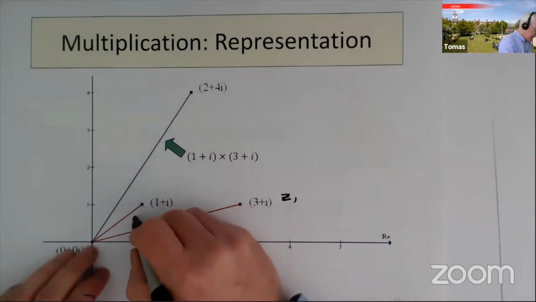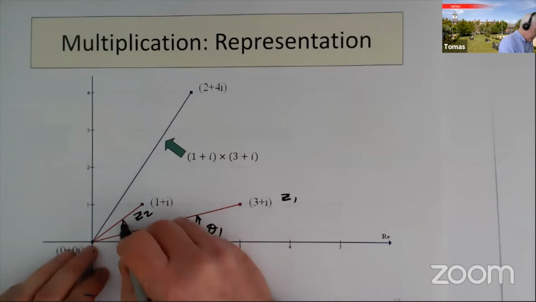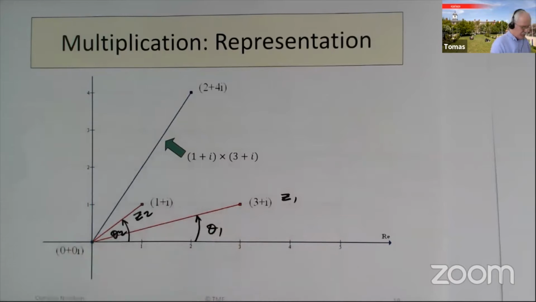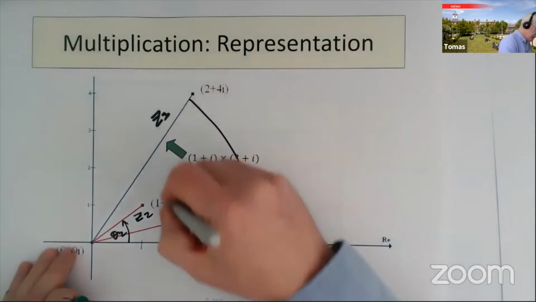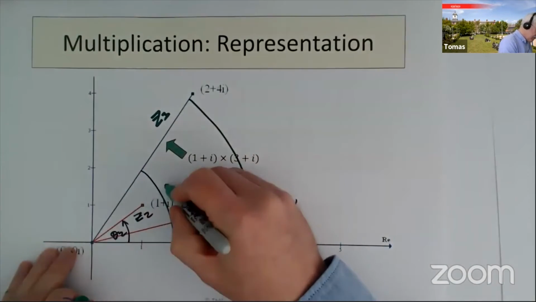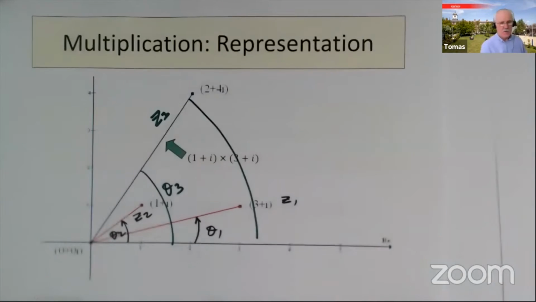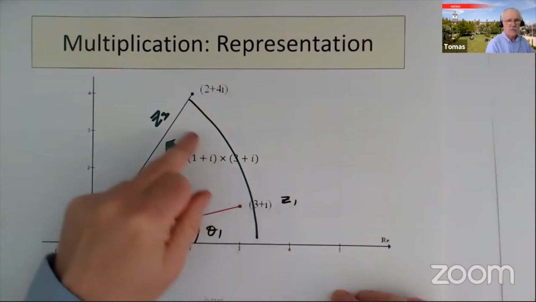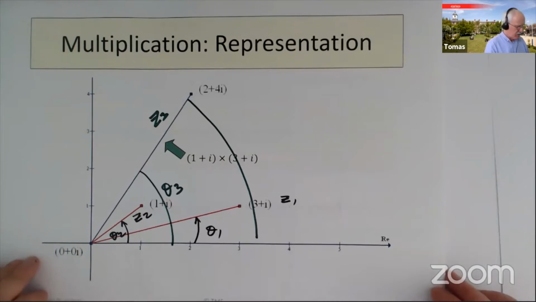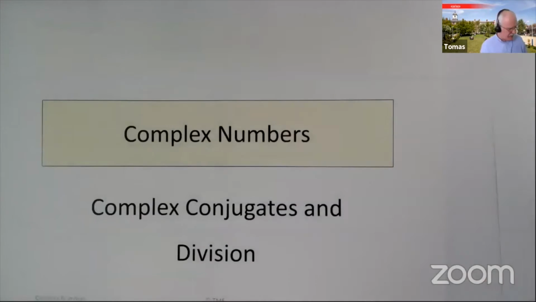And let's call this Z2, and let's call that theta 2. Then let's call this Z3, and let's call this theta 3. Is it possible that there's a link between theta 1, theta 2, and theta 3? Okay, then we'll come back to it.